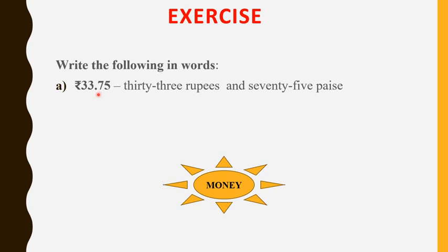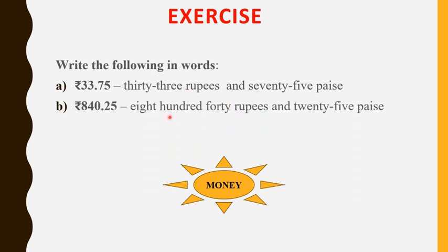This dot is separating rupees and paise. This number is expressed in paise and this number is expressed in rupees. But when we are writing in words, we have to use both the words rupees and paise. So we will write 33 rupees, not rupees 33. We will say 33 rupees and 75 paise.